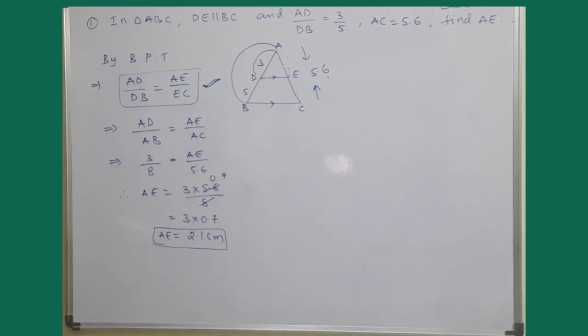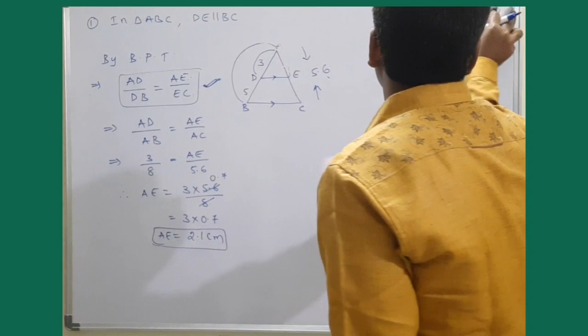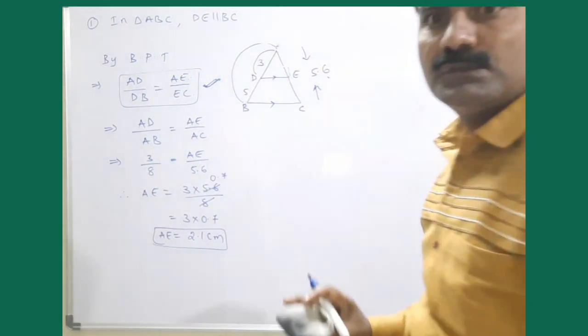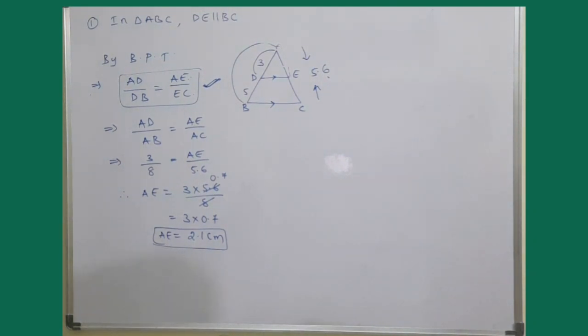See, coming to the next problem. DE is parallel to BC in triangle ABC.